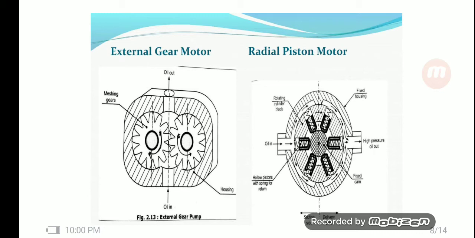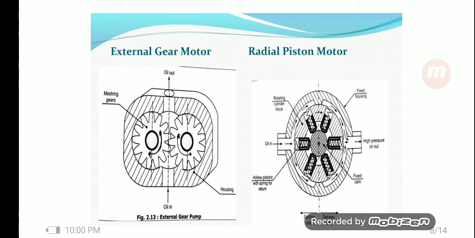Next is the radial piston motor. In this, various hollow pistons are used with spring returns. The oil from the tank is inserted into the radial piston motor. The springs in the hollow pistons get the oil, and due to rotation it creates suction at the inlet.